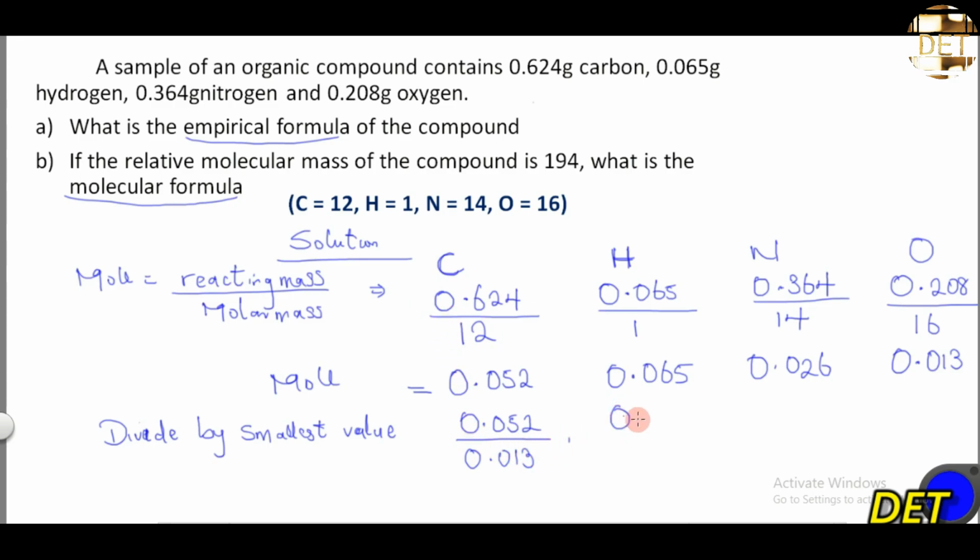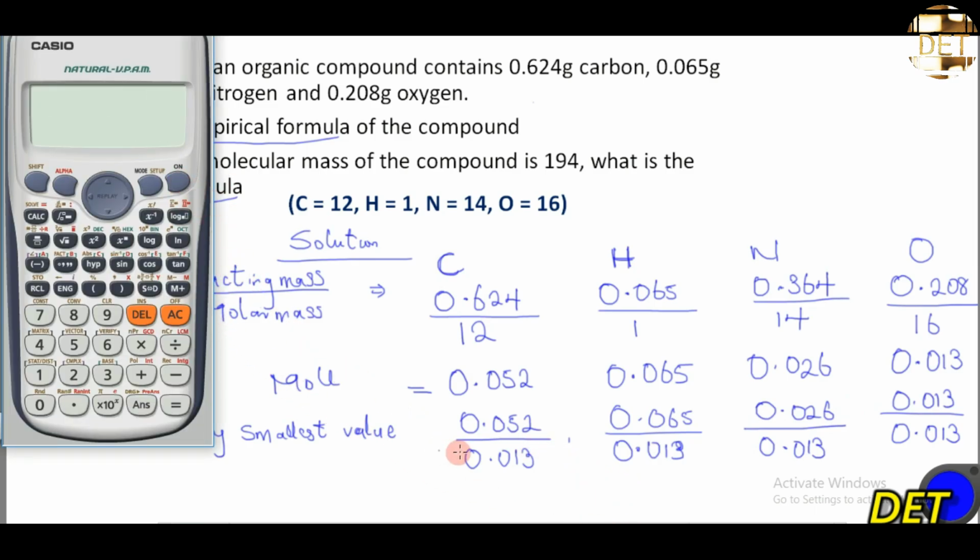Then hydrogen will be 0.065 divided by 0.013, the smallest value. Then nitrogen will be 0.026 divided by 0.013. Then oxygen will be 0.013 divided by 0.013.